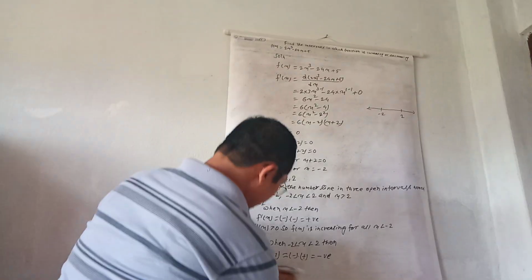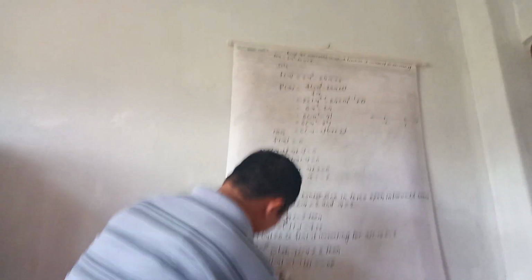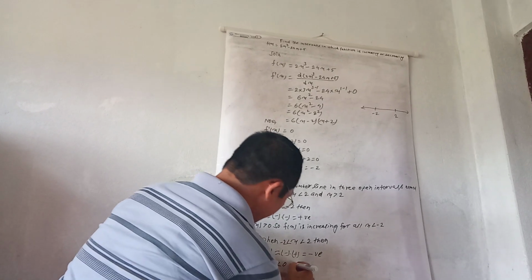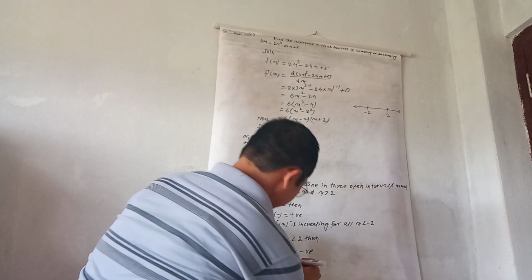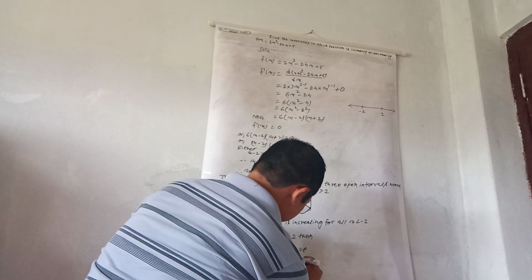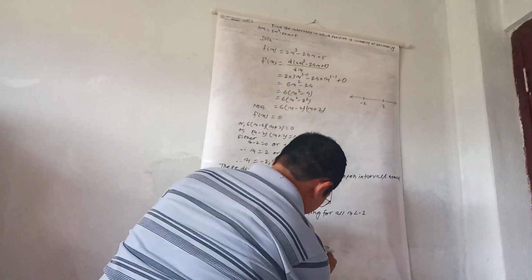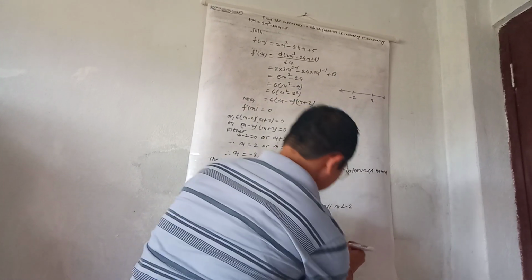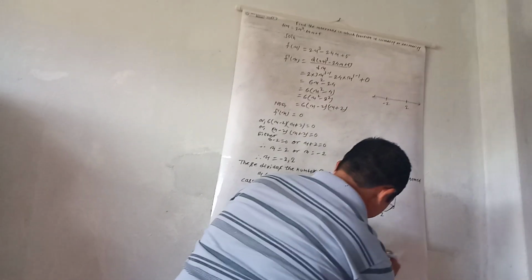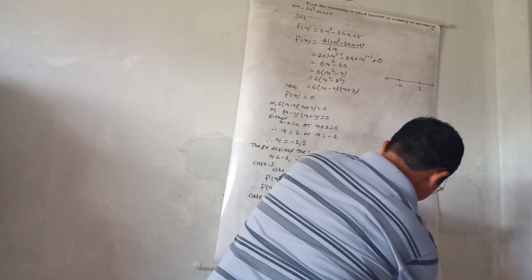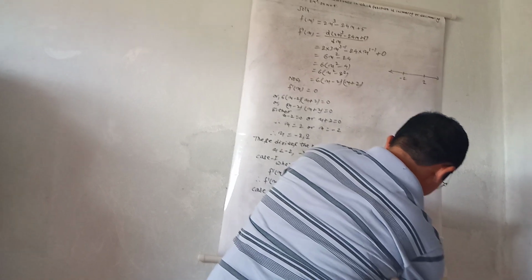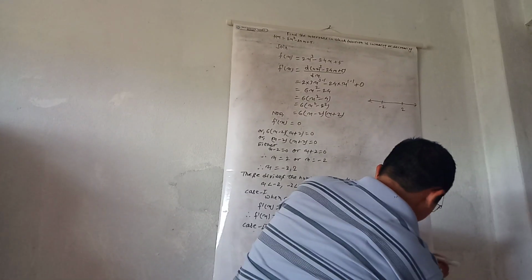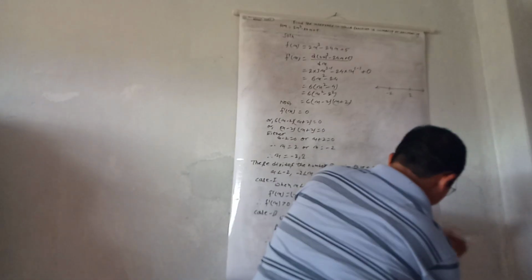Therefore f'(x) is smaller than 0, so f(x) is decreasing for all x greater than -2 and smaller than 2.